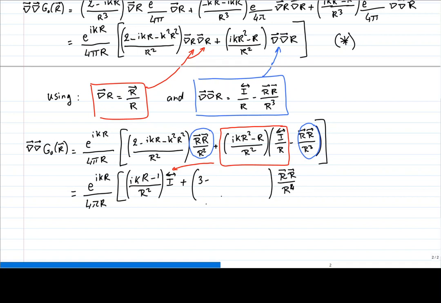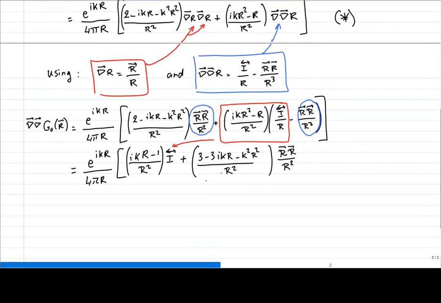And then we put everything else together. So we have 3 minus 3ikr minus k squared r squared. What can be done is to put this as a function of R squared and reduce this one as R squared if you wish. So that's pretty much it.